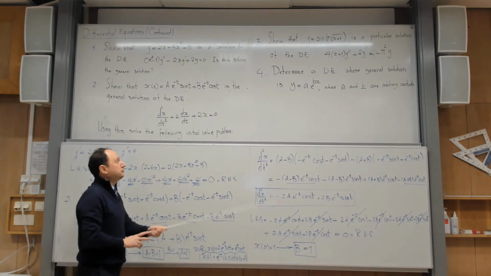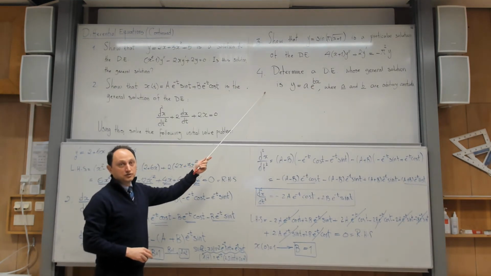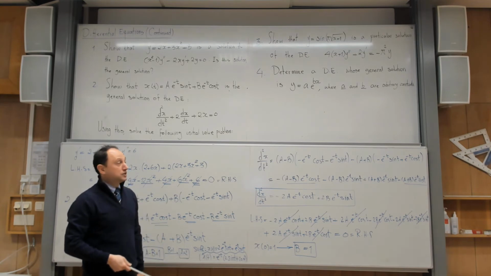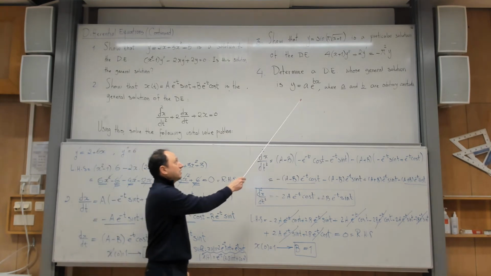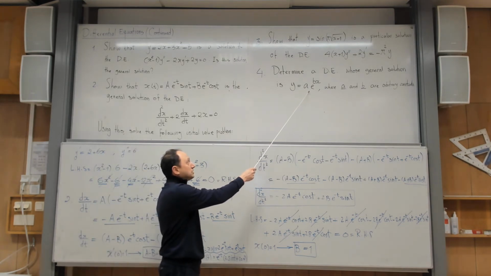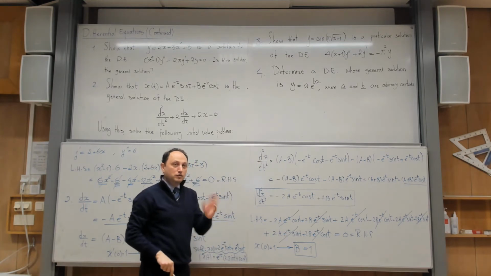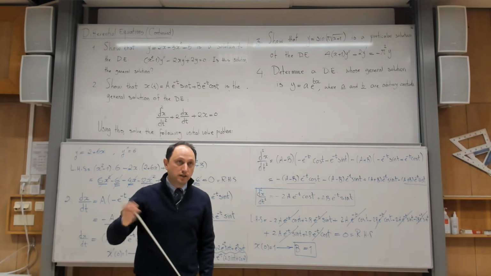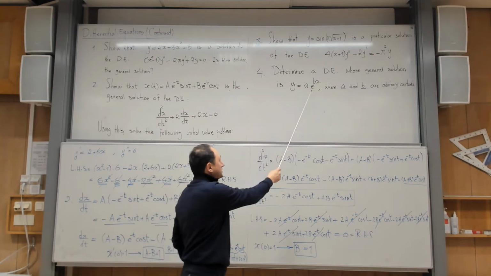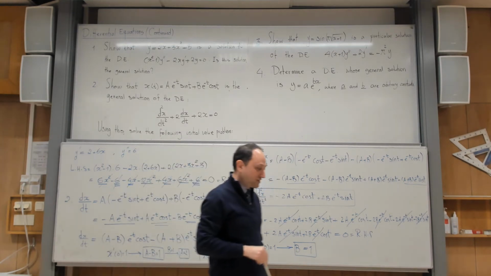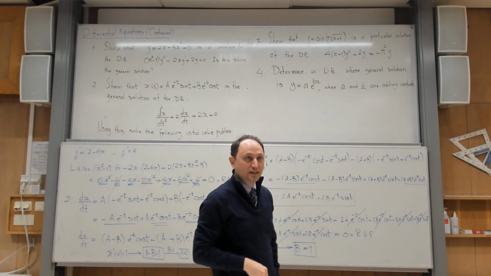But number 4 is interesting. So there is some idea you need to discover. Because here I have given you a function with 2 parameters, I am asking you, can you find a differential equation whose general solution is this? Of course, this is just a mathematical curiosity, yes?